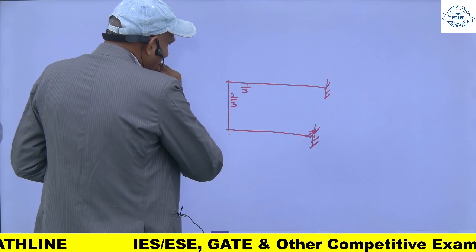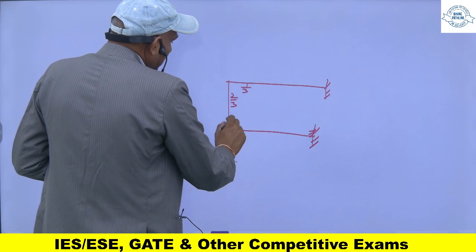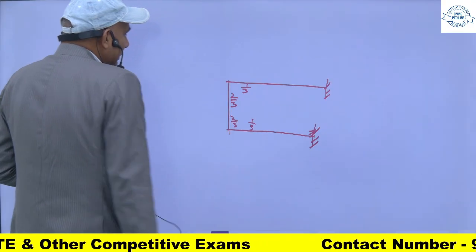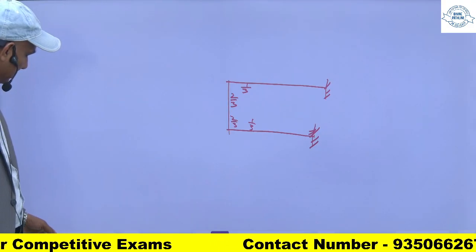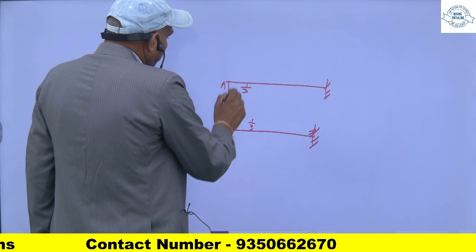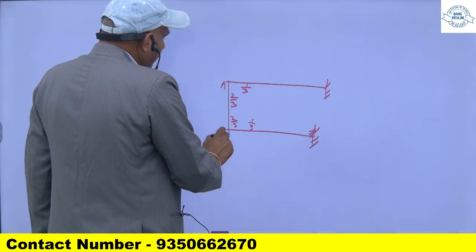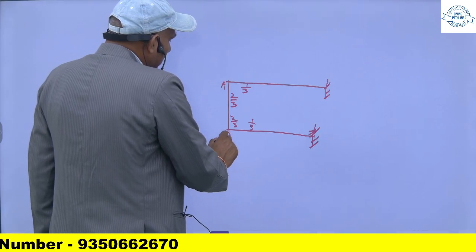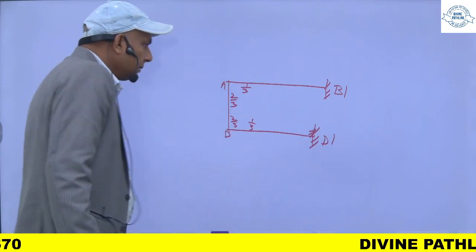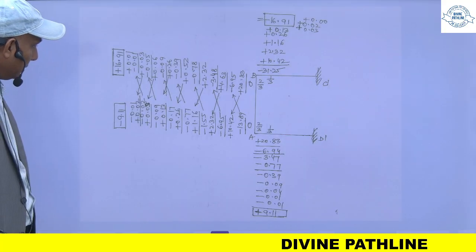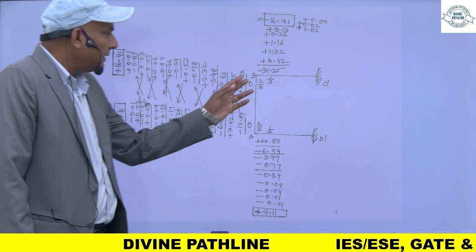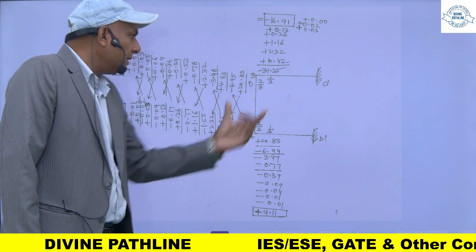Similarly, this will be 2 by 3 and 1 by 3 for this member. And this is A, D, B1 and D1. So this is my substitute frame, and the value of BC1 will be the same as for BC.